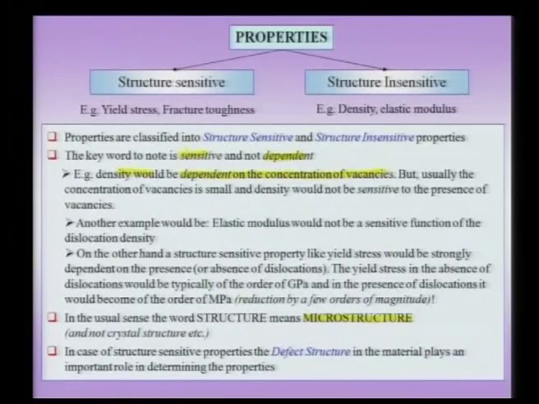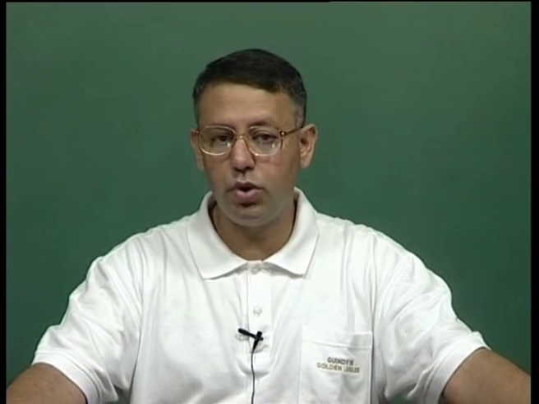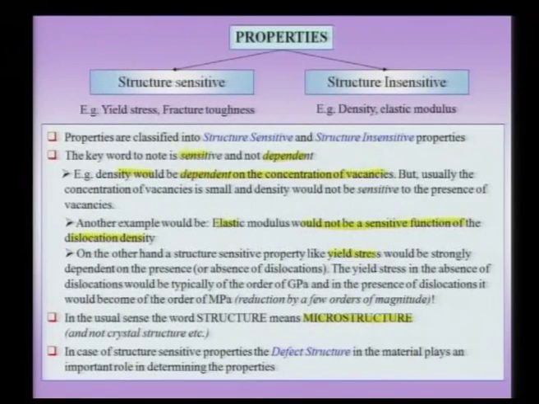Another example would be the elastic modulus, which would not be a sensitive function of the presence of dislocations. But as we saw already, if you talk about yield stress, then the presence of dislocations plays a very important role. The presence or absence of dislocations makes a lot of difference with regard to yield stress.